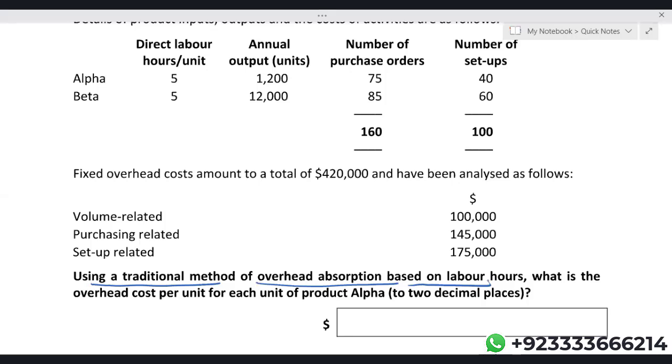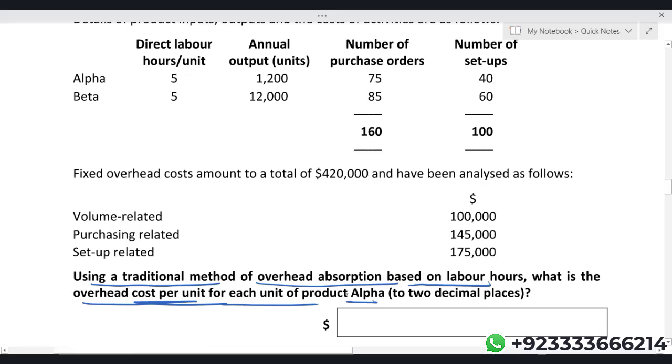And we have developed ABC, which claims that it will give you fair allocation of overheads. Using a traditional method of overhead absorption based on labor hours, what is the overhead cost per unit of product alpha?